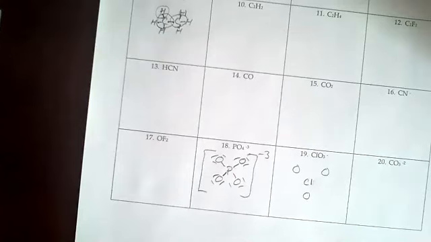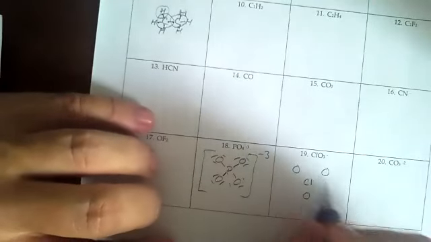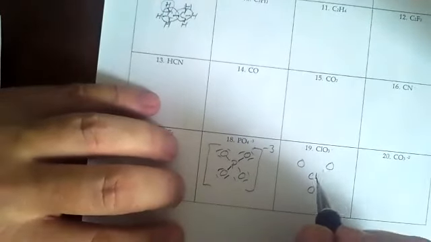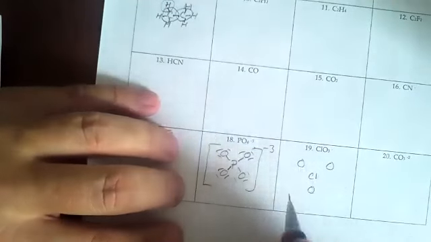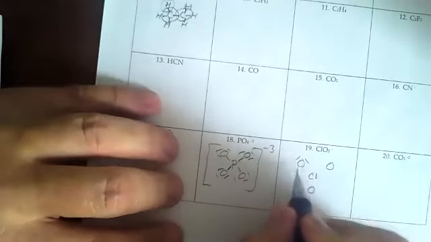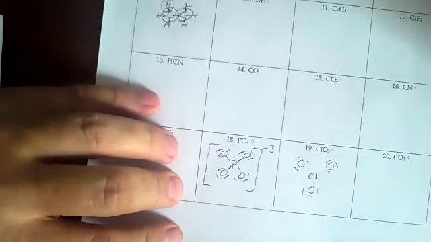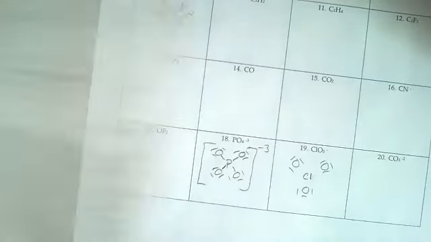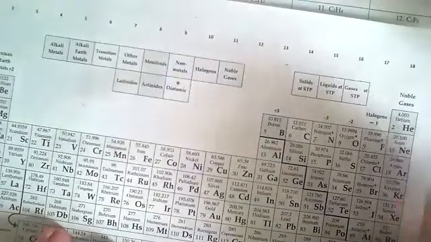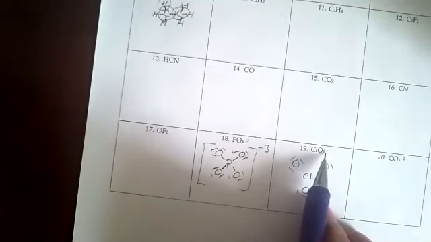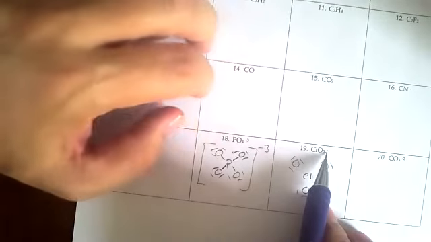You know, I think my answer for 19 is wrong. I'm going to have to repost these solutions. But if we continue with 19, oxygen has 6 valence. Chlorine has 7 valence, but I get an extra one. See the minus sign?